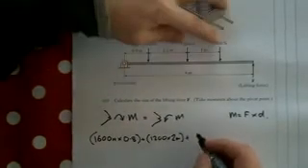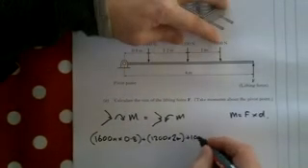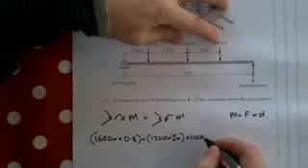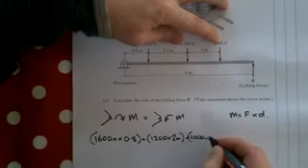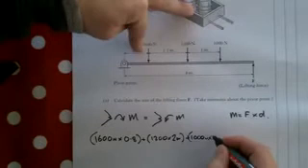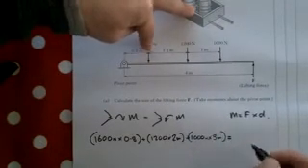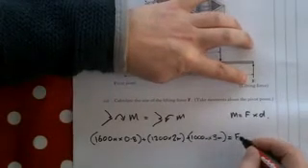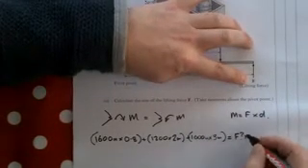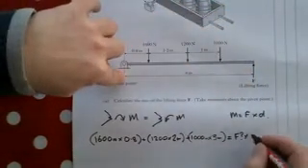Add to that 1000 newtons multiplied by the distance, 3 meters. And that is kept in equilibrium by our force, which is unknown, multiplied by the distance, 4 meters.